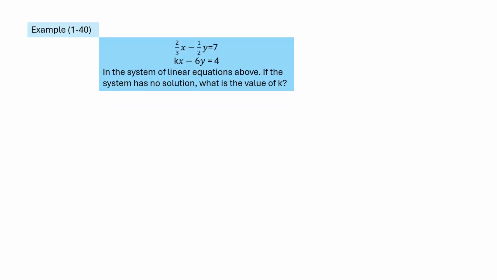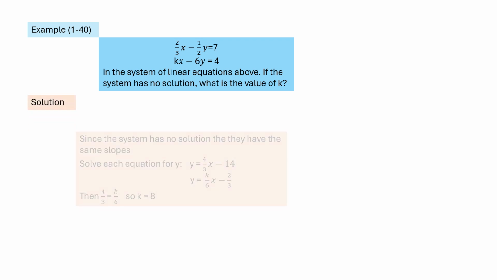Example 140. 2 over 3x minus half y equals 7, kx minus 6y equals 4. In the system of linear equations above, if the system has no solutions, what is the value of k? When we remember parallel lines, no solution means parallel lines, which means that they have the same slopes.